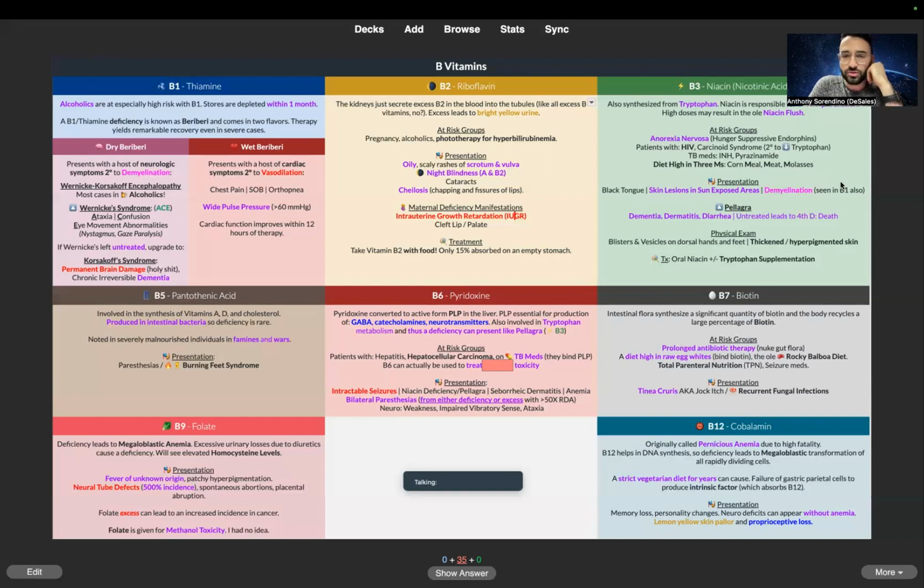B6 can actually be used to treat, think about this, isoniazid toxicity, intractable seizures for a B6 deficiency. Yeah, because you don't have enough PLP. PLP is good. If you get rid of PLP, you're going to get those seizures. Symptoms, demyelination for dry.